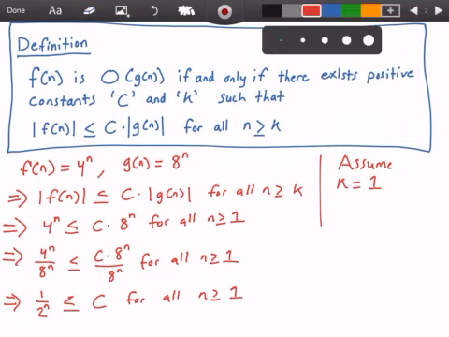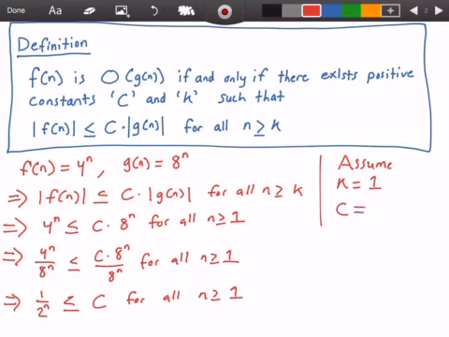So what this means is that we can choose a value for c that is greater than or equal to 1 over 2 to the power of 1, so that's 1/2, or any number that's greater than 1/2 for all values of n greater than or equal to 1.